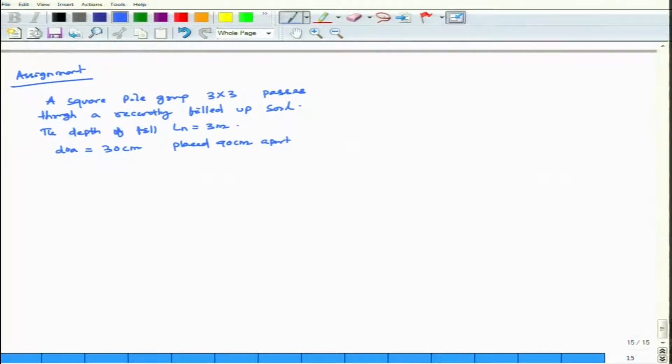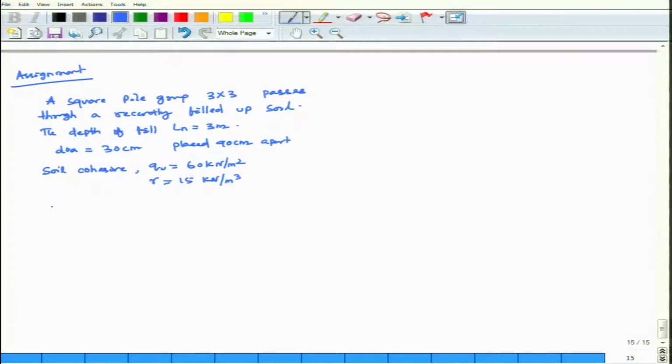If the soil is cohesive, q u is equal to 60 kilonewton per meter square, and gamma is equal to 15 kilonewton per meter cube.